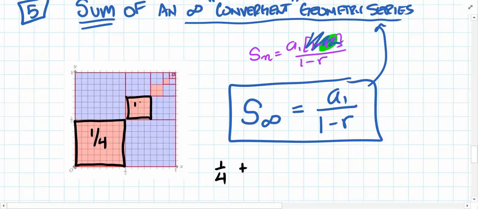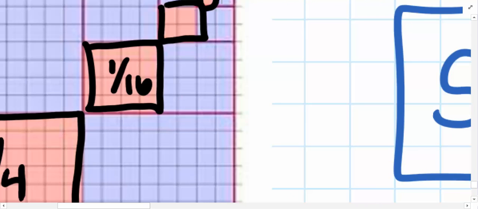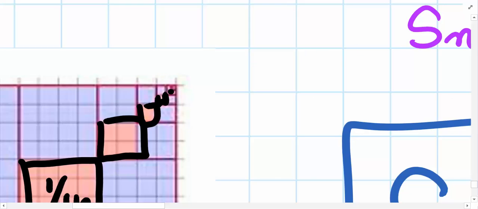How much would this one be? 1/64, right? And I potentially just keep going, don't I? Because if I could zoom in on this thing, all the way down and just keep zooming in, it'd be crazy. But it goes on forever and ever, right? So, yes. So look, we get to apply this.